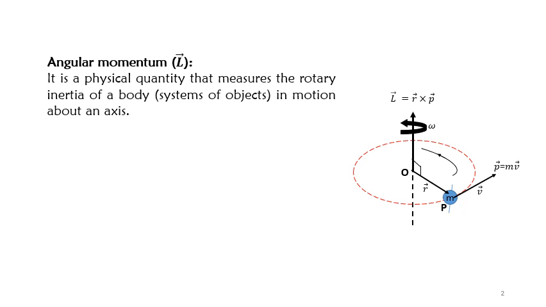The angular momentum of that body is a function of the linear momentum and the radius of rotation, and you can see they must be perpendicular to each other.